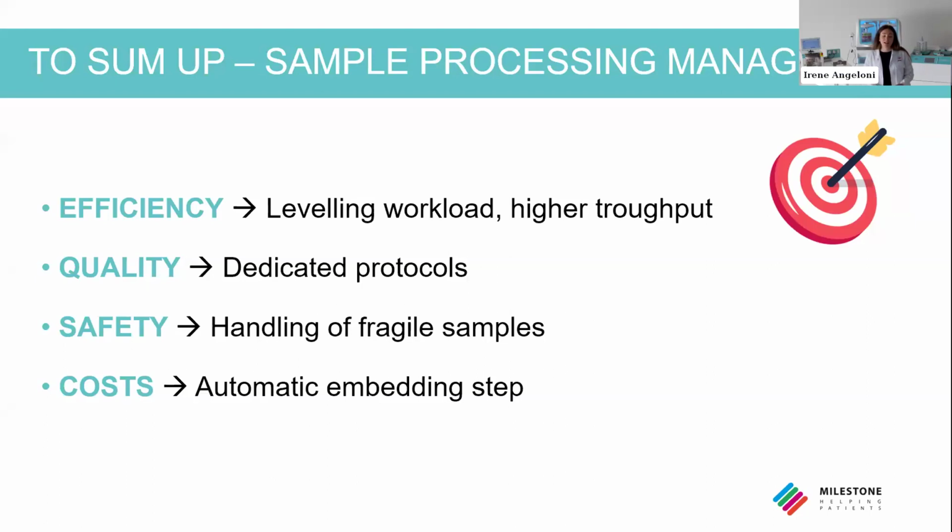We can also improve quality with dedicated protocols for the small samples, and thanks to the Synergy system, we can handle the small, fragile samples in a safer way, and we can lower the cost. So this was the first key factor.